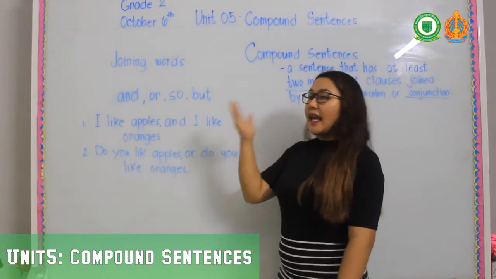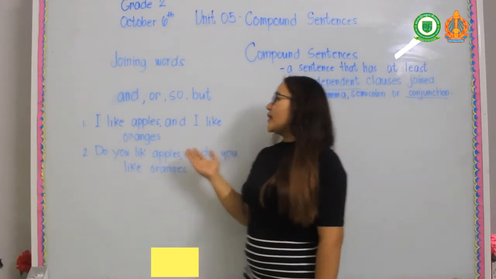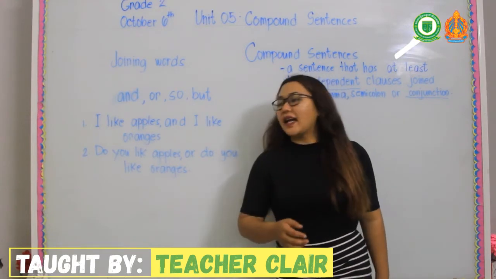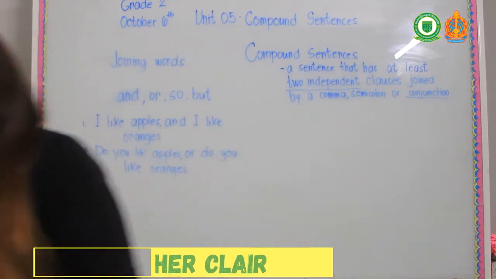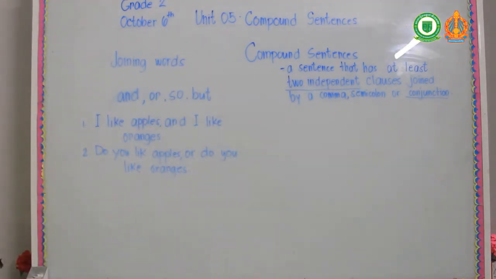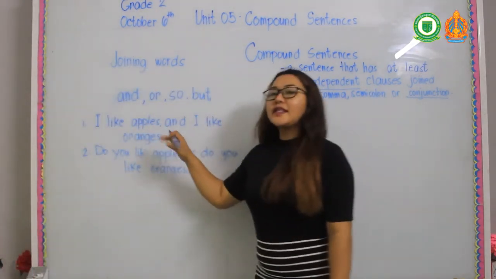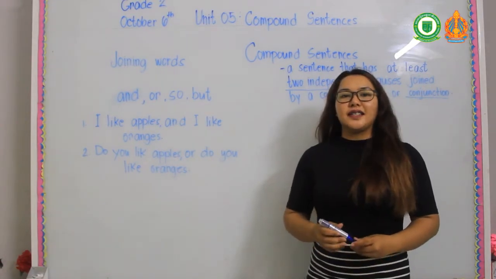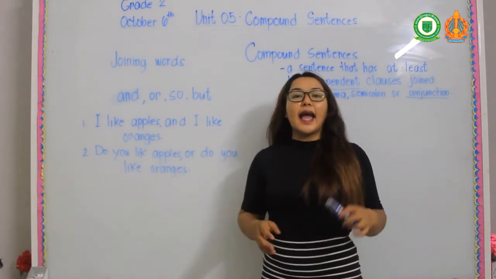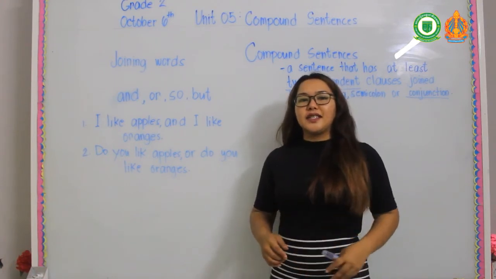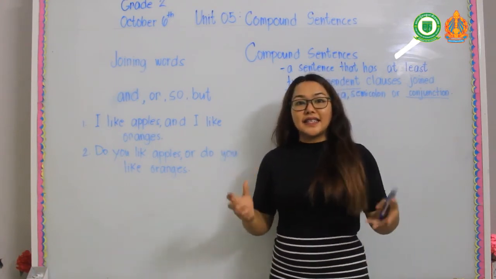So, and, one example is, I like apples and I like oranges. I forgot the period. I like apples and I like oranges. So instead of saying I like apples, period, another sentence, I like oranges, you can make it one sentence.